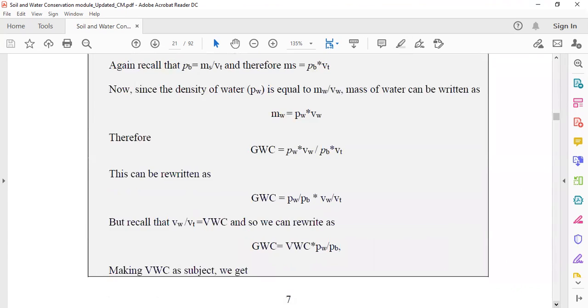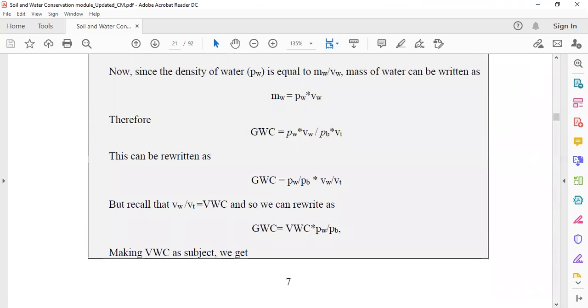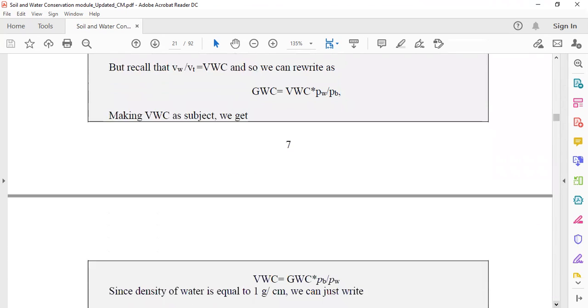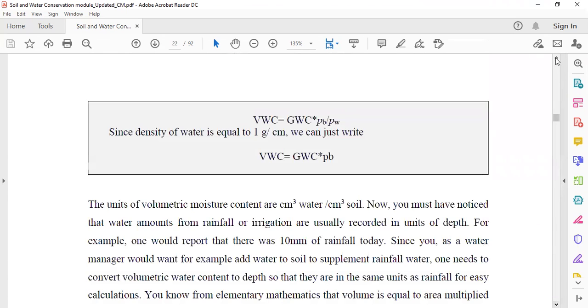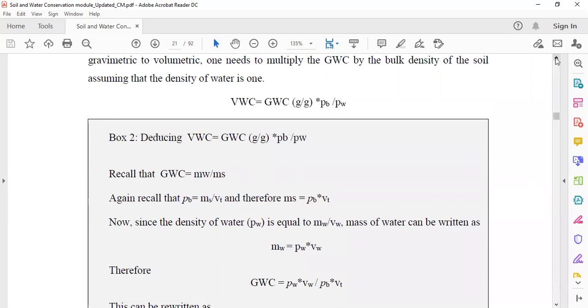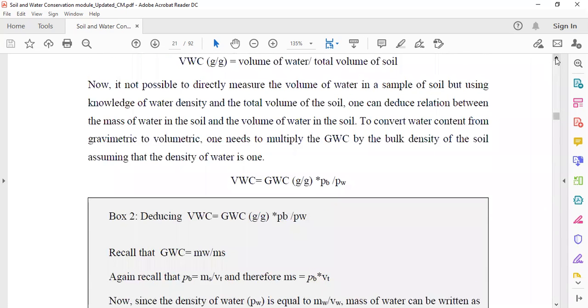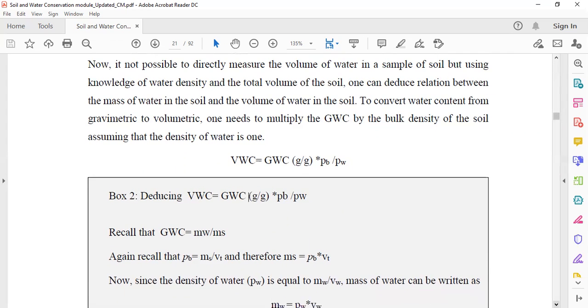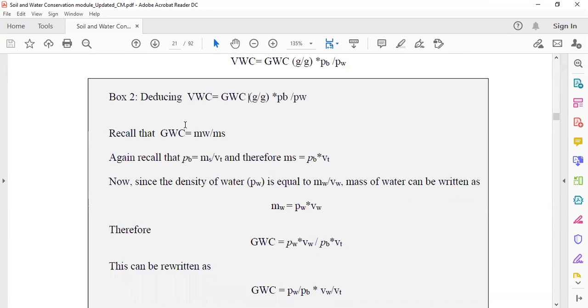Then the other derivation is the one where we say volumetric moisture content is equal to gravimetric moisture content times the bulk density. So we can start from where we say gravimetric moisture content is equal to mass of water divided by the mass of soil.